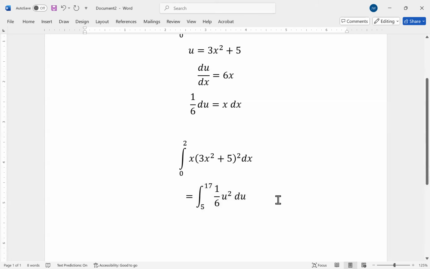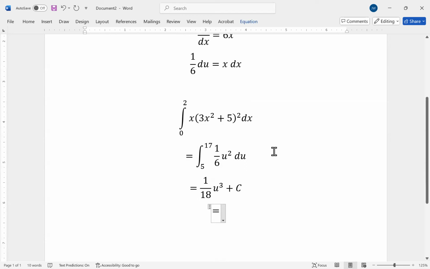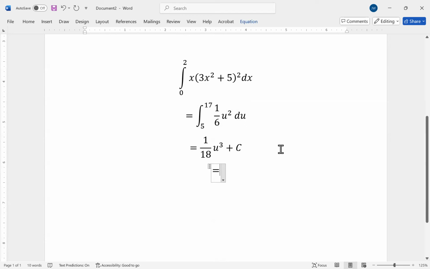Now, normally I just leave those off. I don't even worry about those because when we find our antiderivative, most of the time we unpack into the x values. And so that's what I would have probably done. I would have found the antiderivative, and then I would have unpacked into the x values.